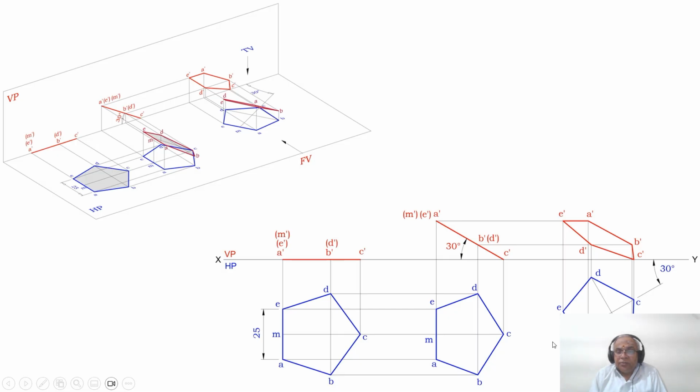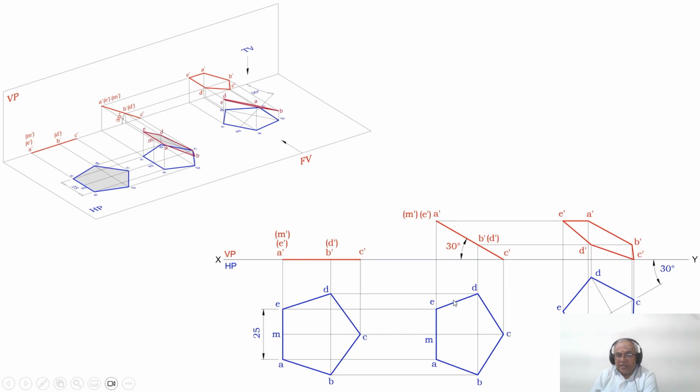Then through M, you draw a perpendicular to this CM. And then you measure the distance from M to A and also from M to E. Both will have equal distances, using the compass. Similarly, with M as center, cut an arc on this side and also an arc on this side. You mark these 2 points as A and E.